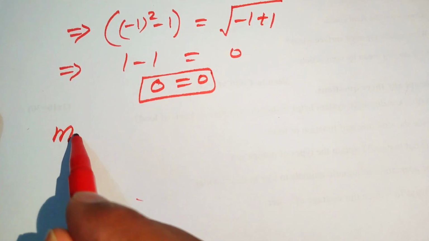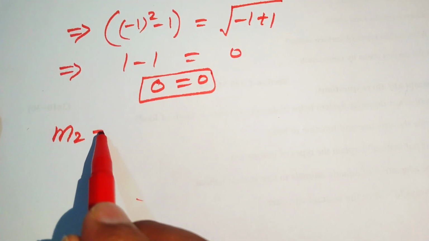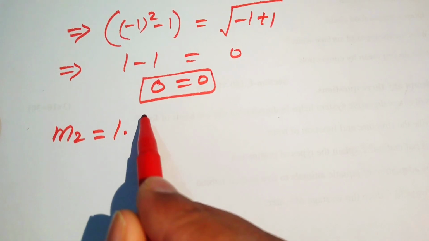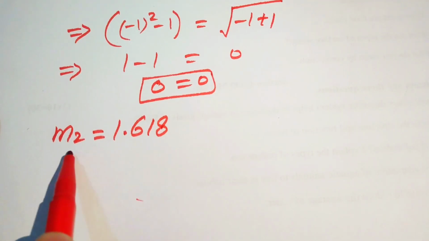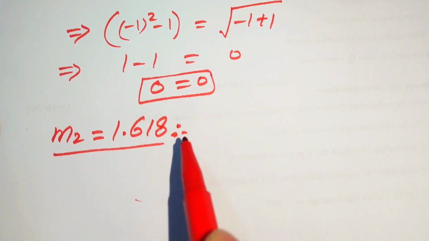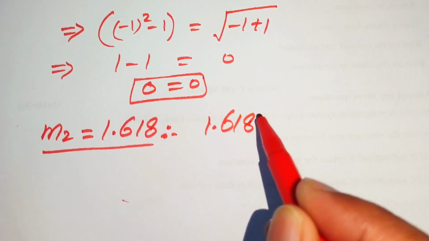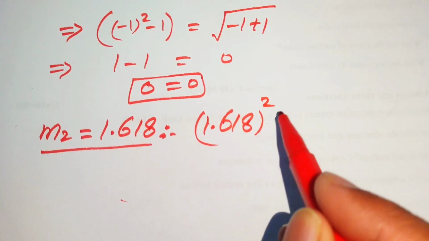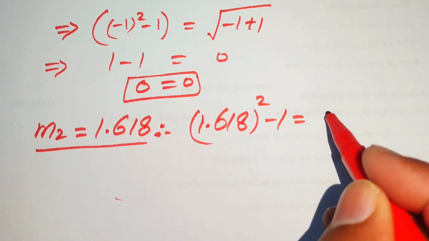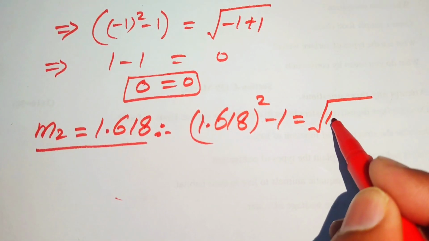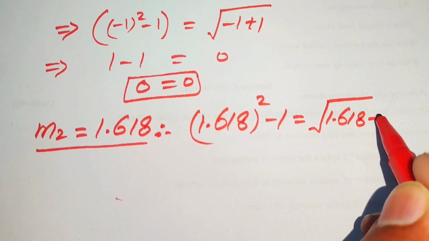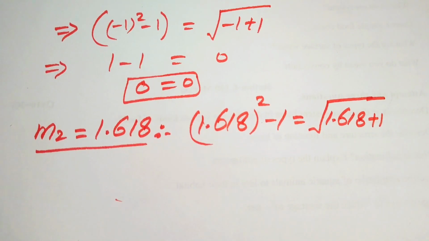Now we check the behavior of the second root, m2 equals 1.618. We put this on both sides of the given equation: 1.618 squared minus 1 equals square root of 1.618 plus 1.